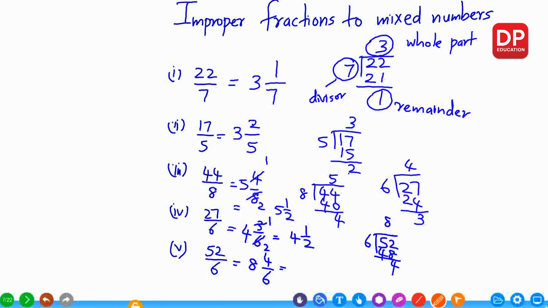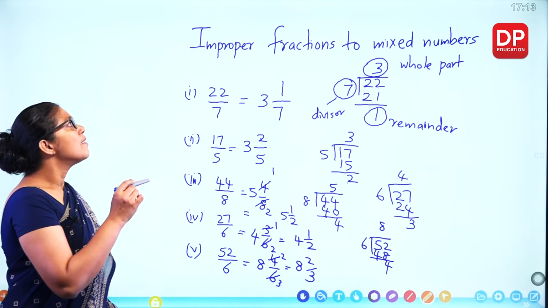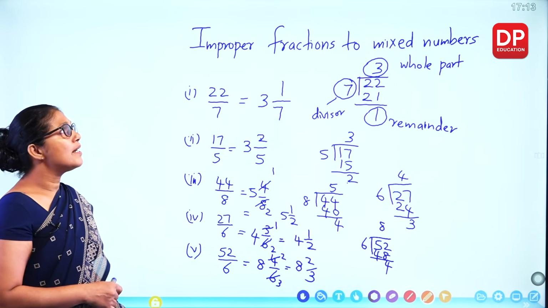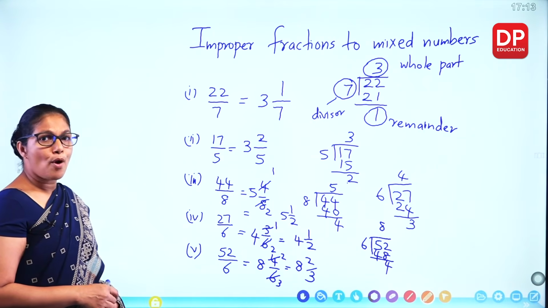Here you can divide by 2 and write down 8 and 2/3, because this is divisible by 2. You can write 2 here. This is divisible by 2. You can write 3 here. 8 and 2/3.